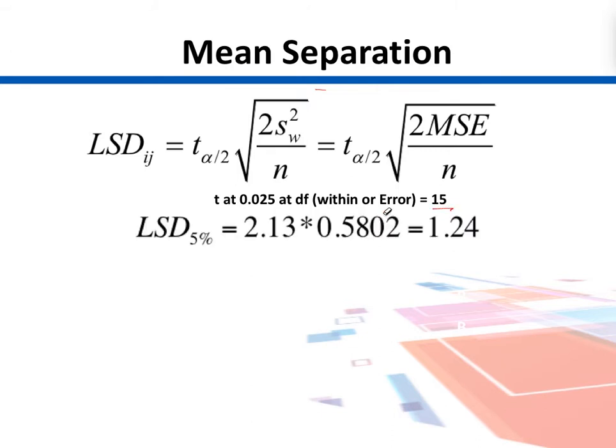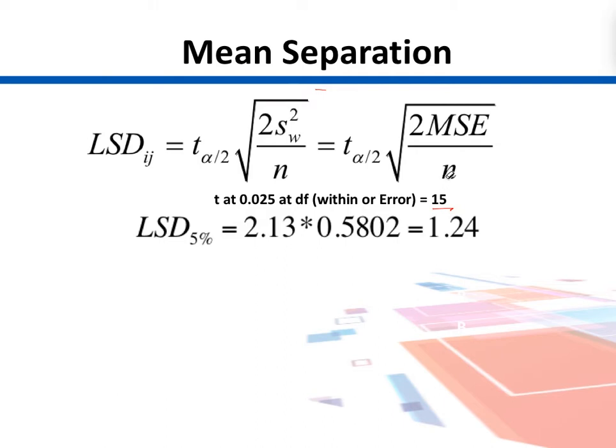So that LSD is 2.13 into 0.5802. So this term, when we calculated this MSE, we picked it from the previous ANOVA table and divided by n, the number of replicates for each of our treatments.